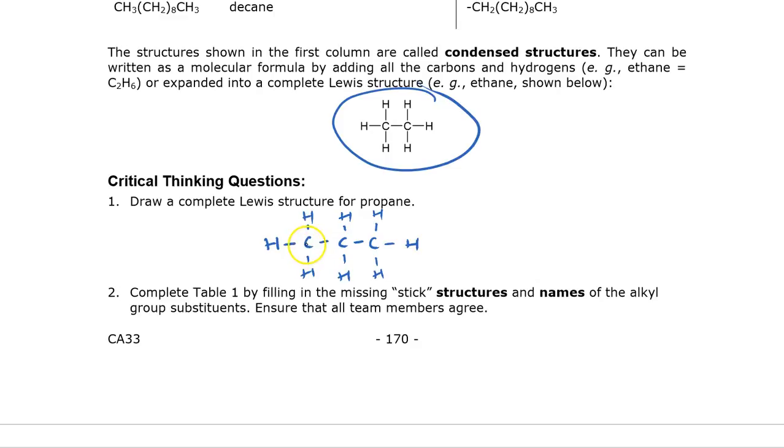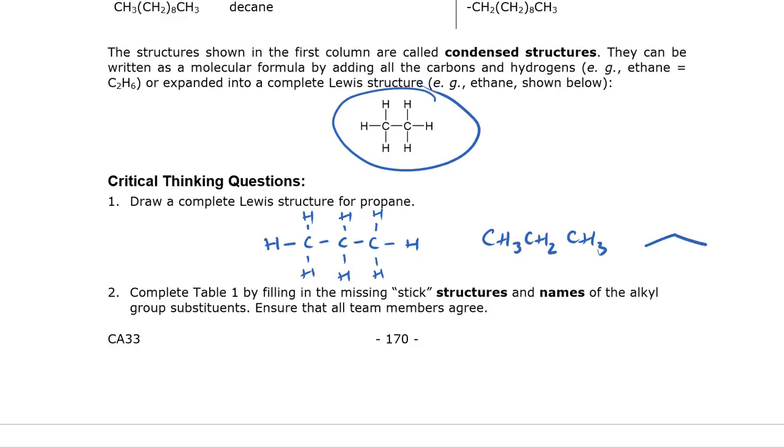So this is my carbon with 3 hydrogens, the second carbon with 2 hydrogens, the third carbon with 3 hydrogens. And you can see how the condensed structure can be written then CH3, CH2, CH3. And the stick structure like this.